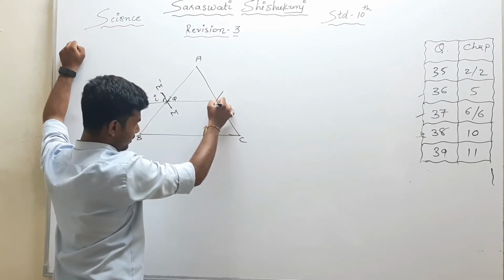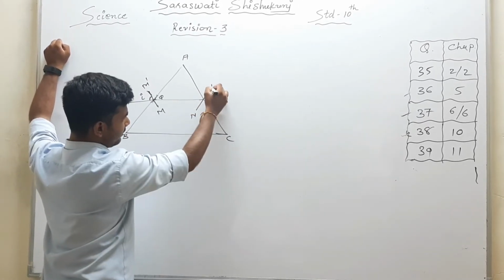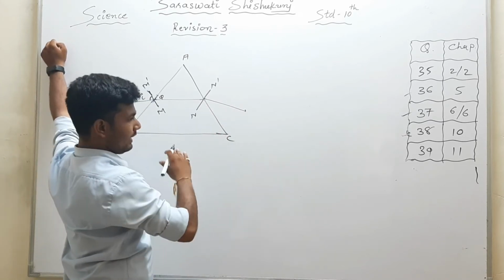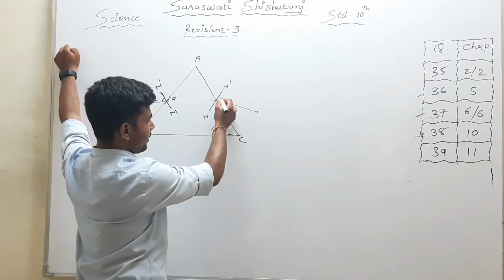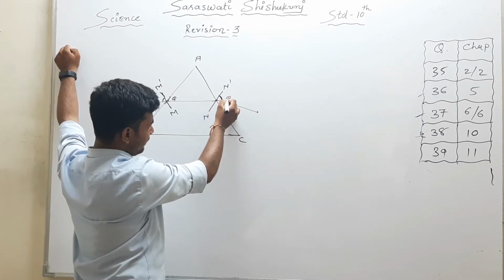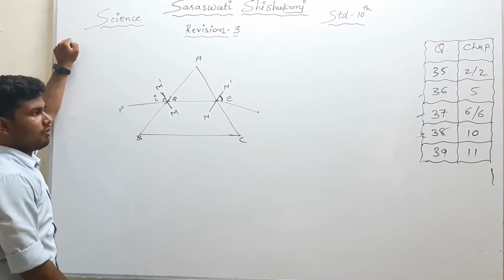Here also we can draw the normal N dash. So this is our emergent ray, and the angle between that and the normal is E, the angle of emergence.